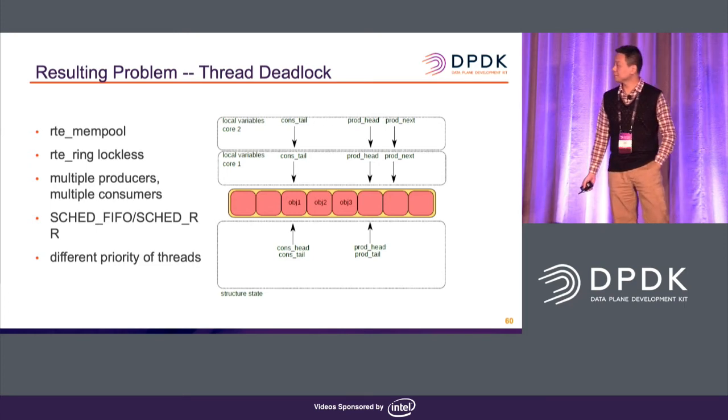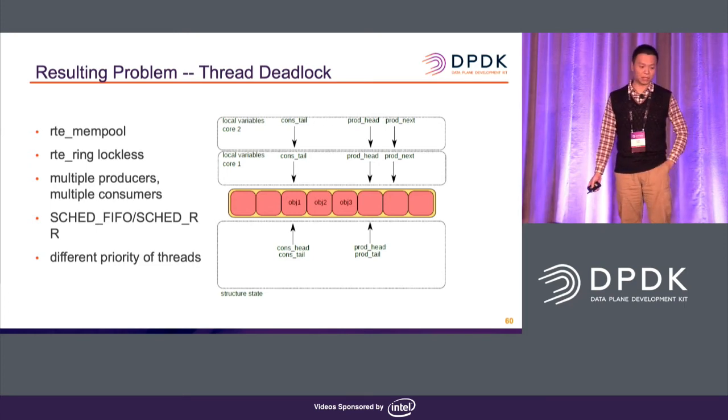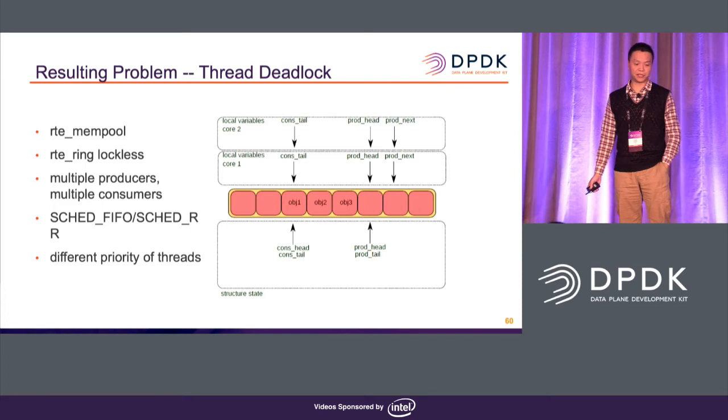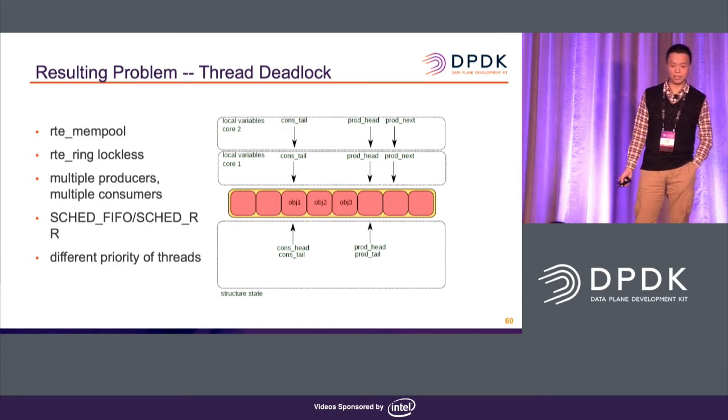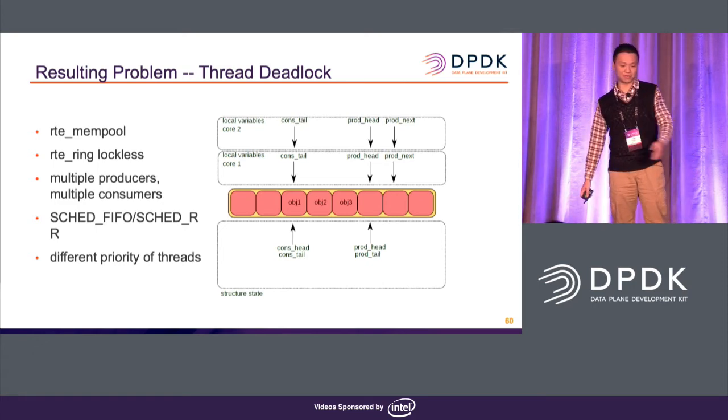And the schedule policy is SCHED_FIFO or SCHED_RR. And we used a lot of threads with different priority. So let's see this picture. This picture comes from the DPDK community. It's a part of the programmer's guide.